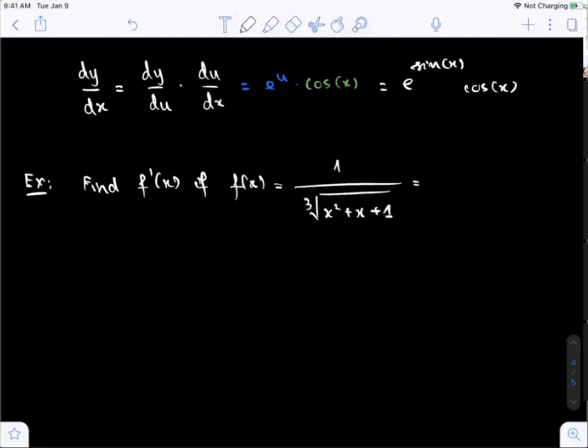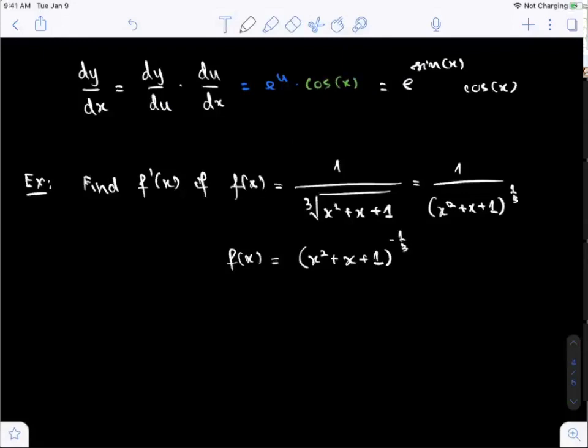It's easier to work with. First, turn the radical into a power. So you have x squared plus x plus 1 to the positive 1/3. And you bring this into the numerator, and you get f of x equal to x squared plus x plus 1 to the negative 1/3.